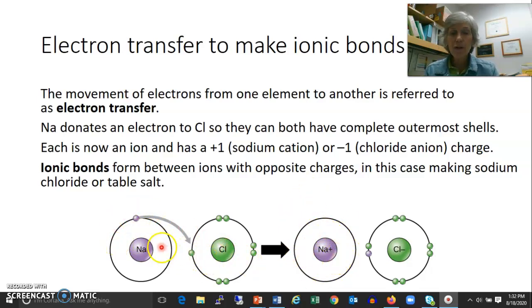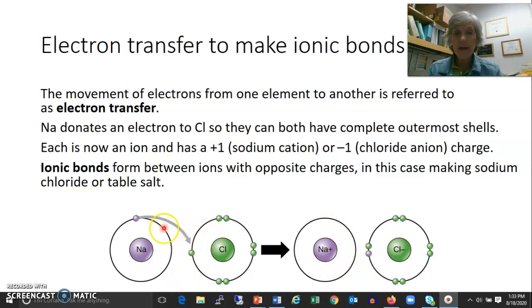But when it loses its electron because somebody comes along and steals it, it's still going to have its 11 protons in the nucleus. Thus, it has one extra proton compared to electrons, and so it has a net positive charge, and that's why we write a +1 here.